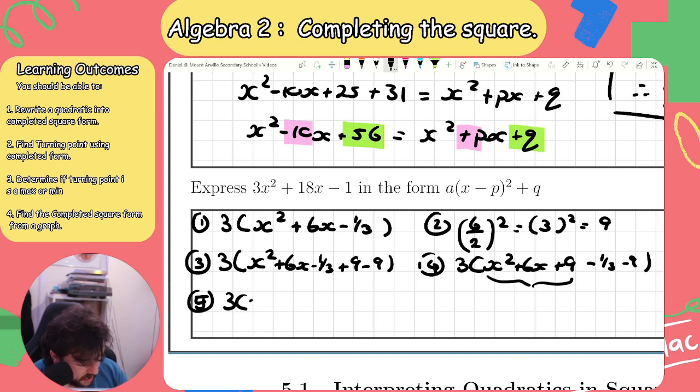I'm left with 3 times (x plus 3) all squared. And then minus 1/3 minus 9 is going to give me minus 28 over 3.